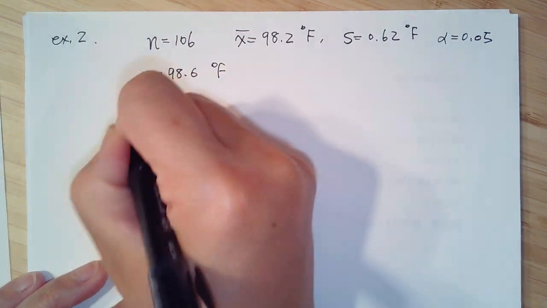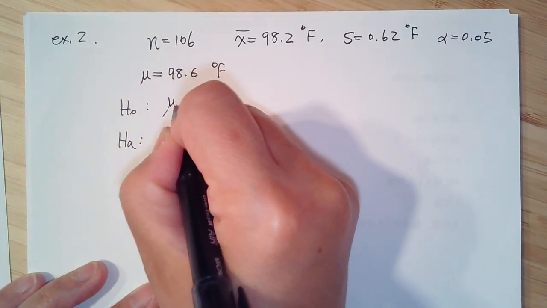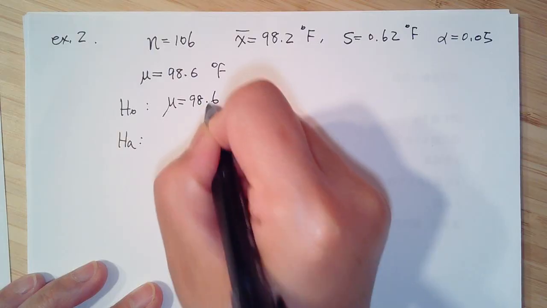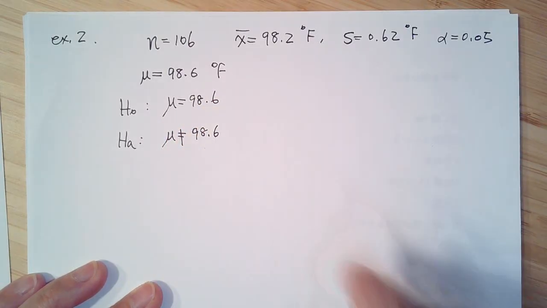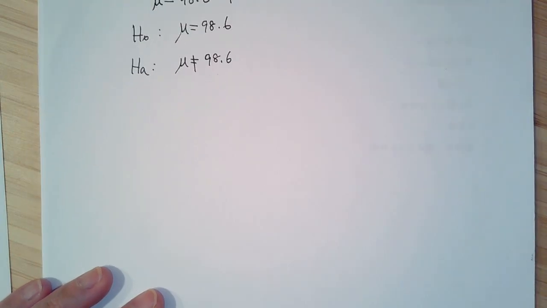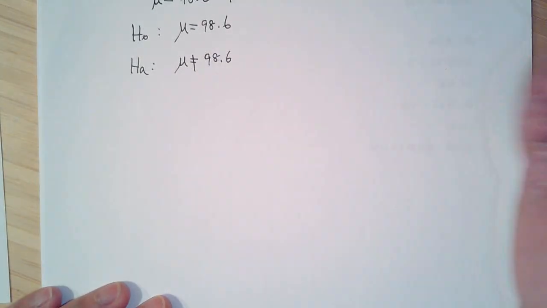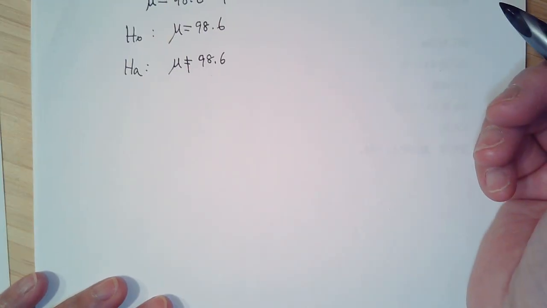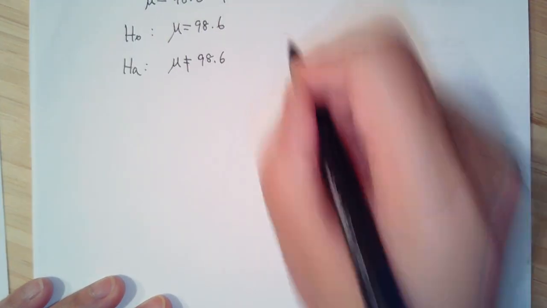So can we get an H0 and HA? So this one is mu equals 98.6, and this one is mu is not 98.6. I don't care whether it's too large or too small, but it's just not equal to. So we know this, we know alpha, and then we're going to calculate the test statistic.